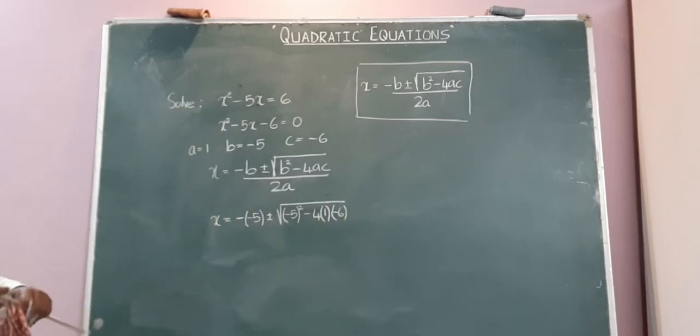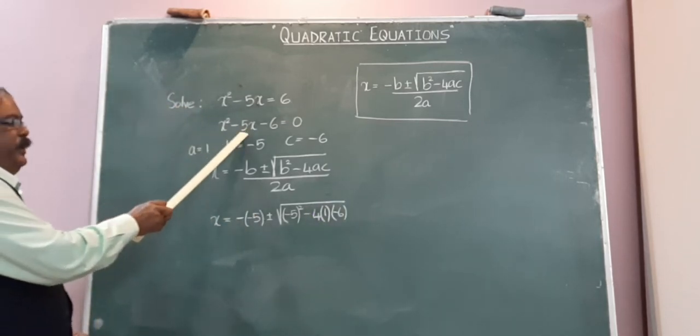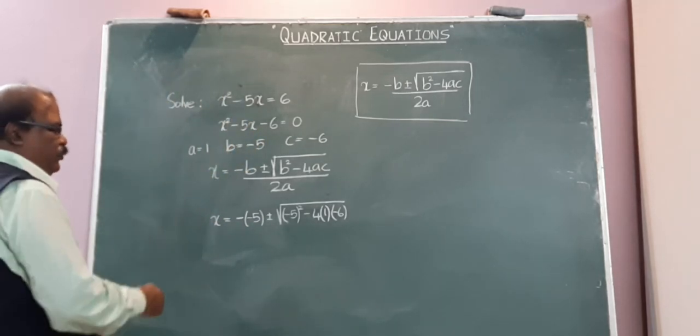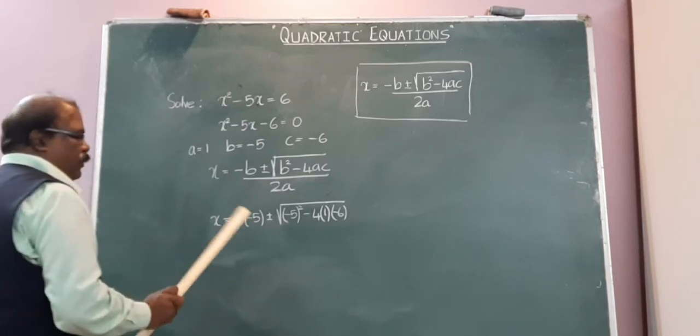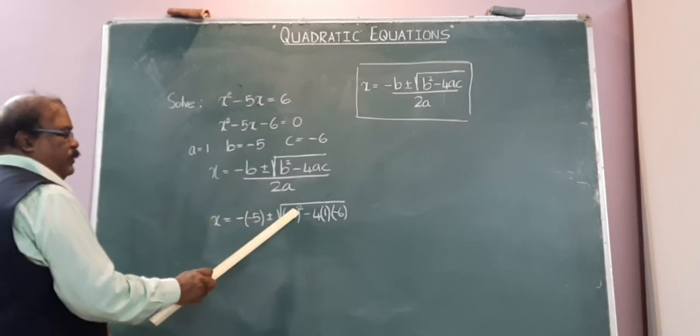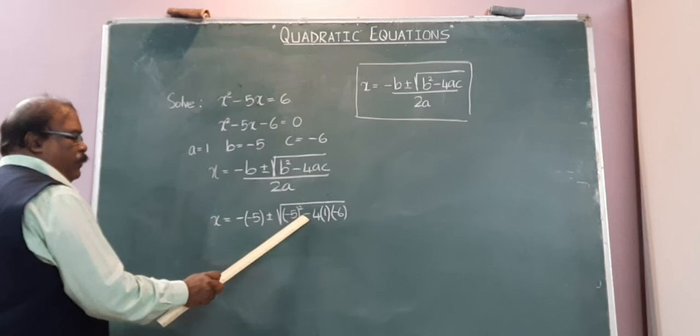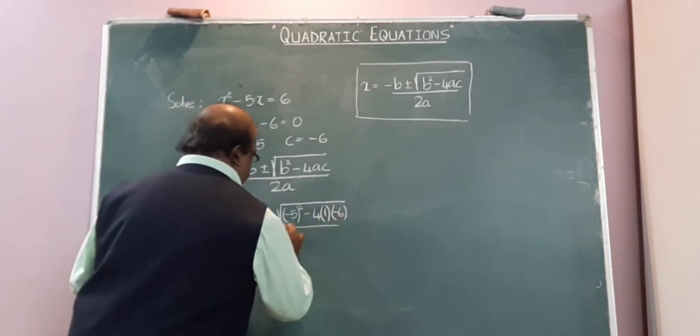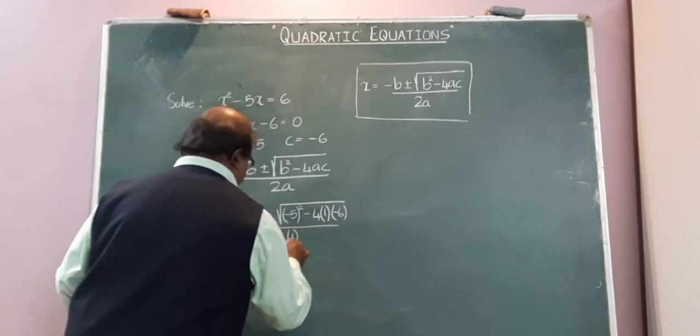Can you see? What is a? 1, b minus 5, c minus 6. So x is equal to minus b plus or minus root b square minus 4ac upon 2a.